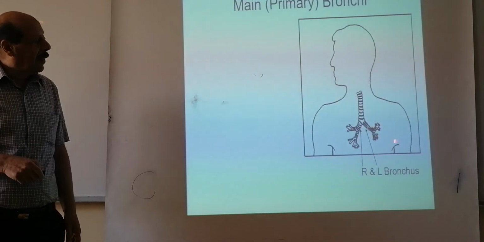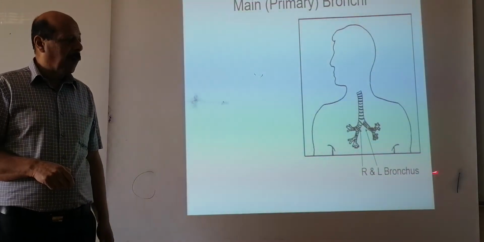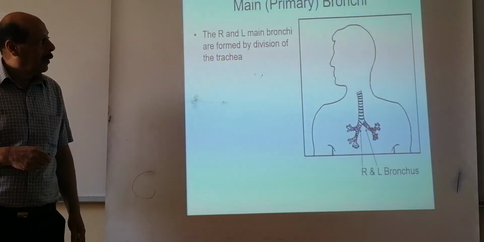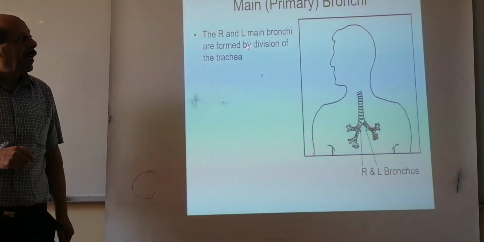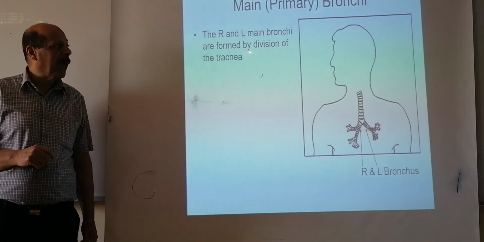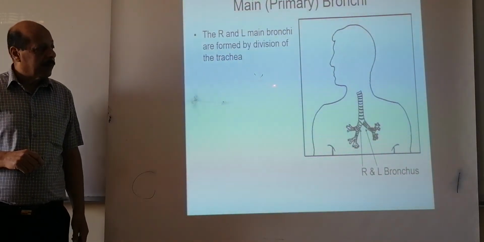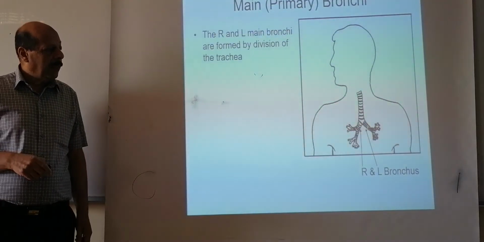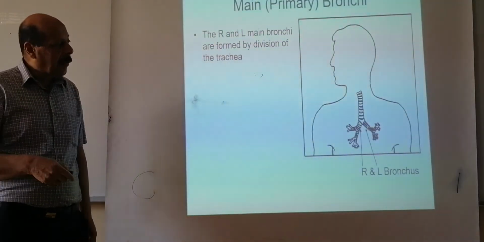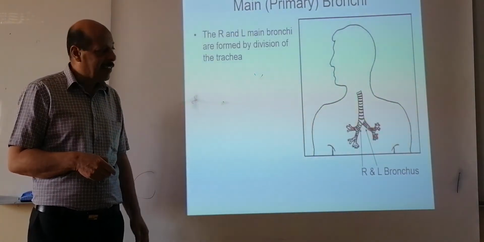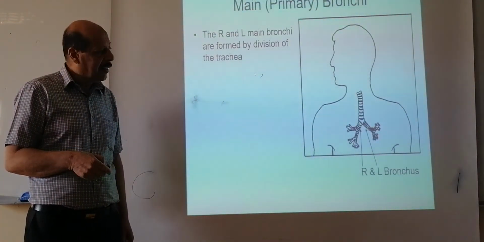Then we have the right and left bronchus, as we said. The right and left main bronchi are formed by division of the trachea. The trachea and the bronchi are formed from cartilage.